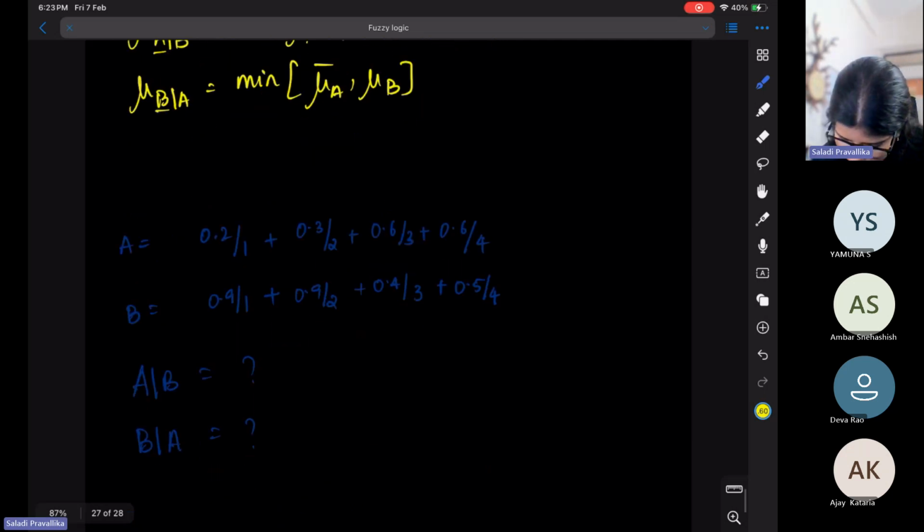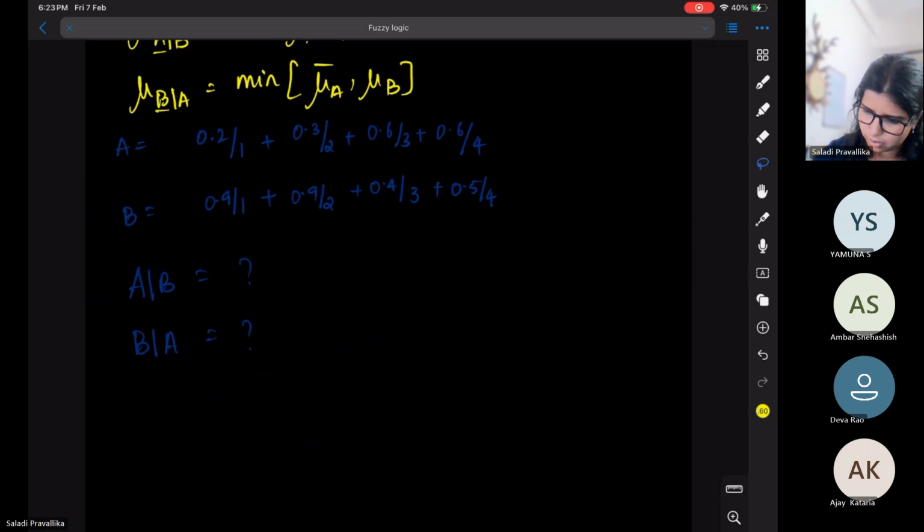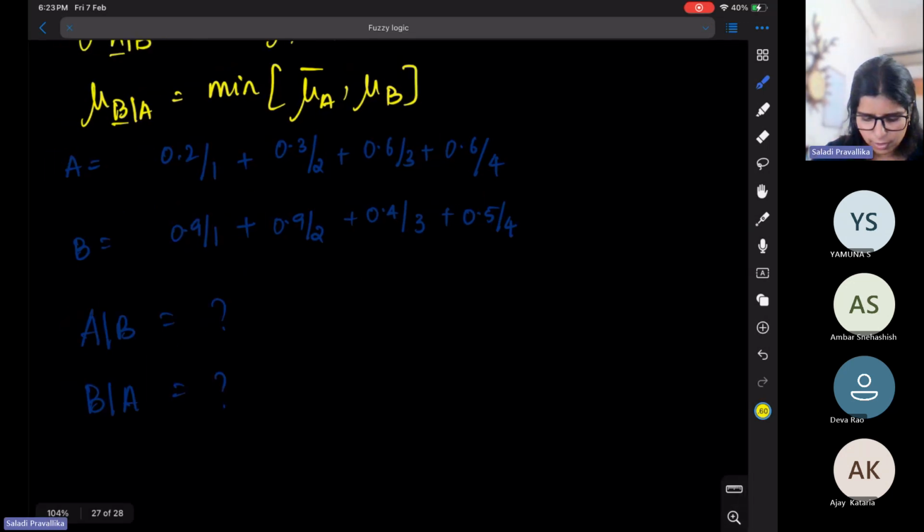Okay. So let's have a look at this one, the same question essentially. Before we go into this, we'll also write A bar and B bar. A bar is nothing but 1 minus whatever membership function value we have at that particular x.